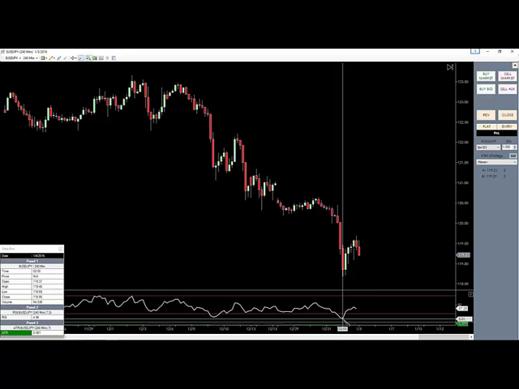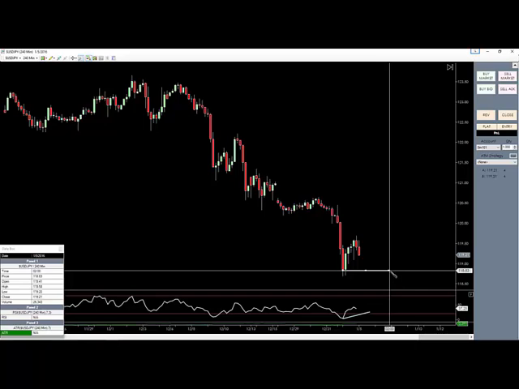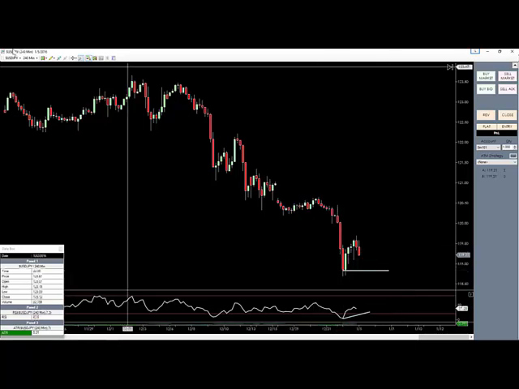We also see this divergence forming in the RSI right there if we get that double bottom. So we'll wait for that.